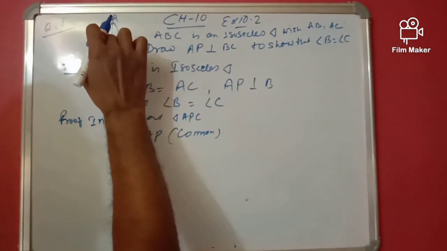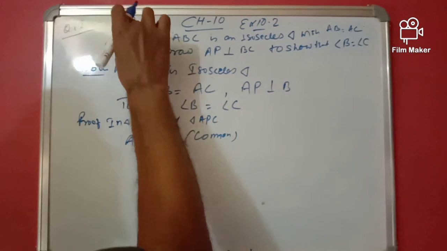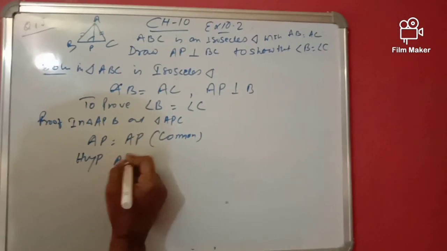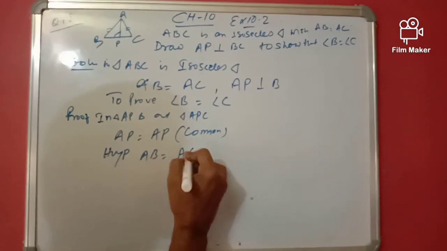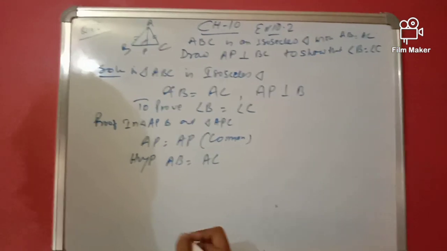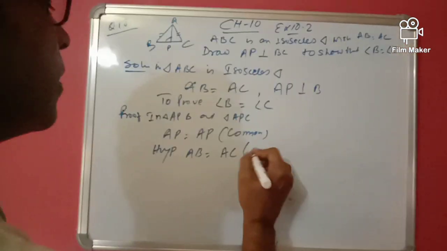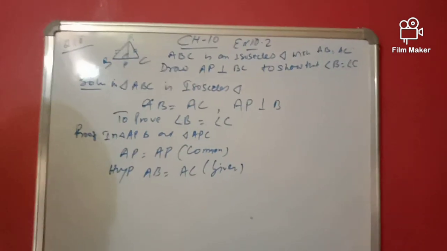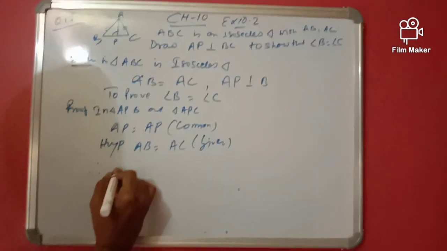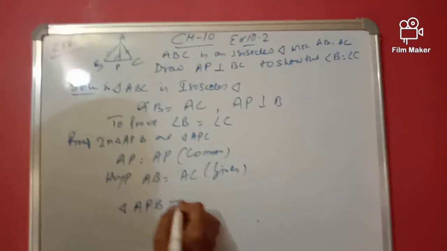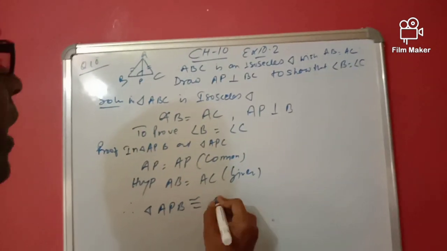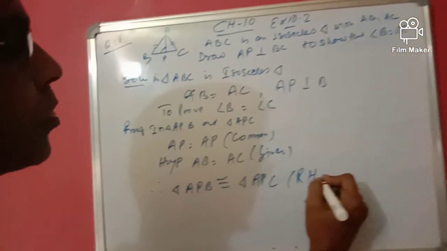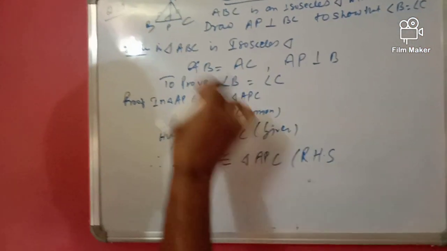Hypotenuse AB equal to AC, it is given. Therefore triangle APB congruent to triangle APC by the right angle hypotenuse side axiom.